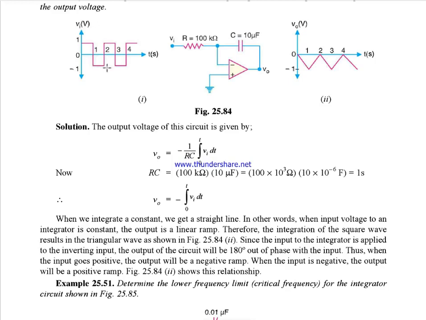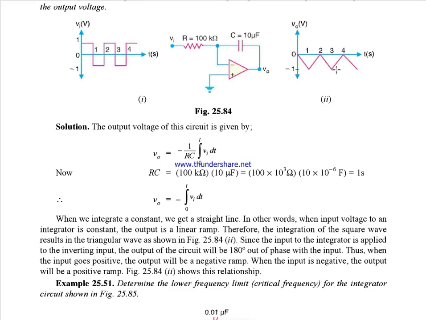Now next one is from 1 to 2 seconds. Vi is minus 1. So minus of minus will become plus 1, so the output will be plus 1 volt. Since it is starting from minus 1, plus 1 will be like this. Again for the next, from 2 to 3, it is positive.